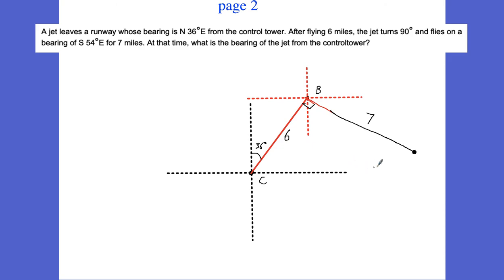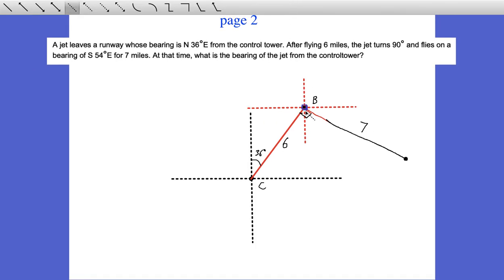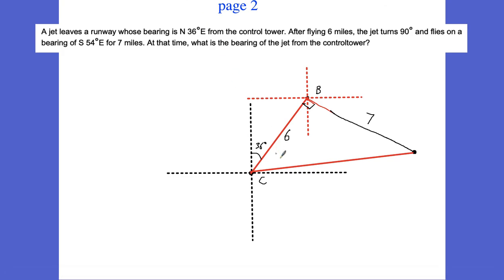And we want to know, at that time, what is the bearing of the jet from the control tower? Okay, so notice what we have so far. We have a few different pieces of information. So we want the bearing of the jet from the control tower. So basically we're trying to find information about these angles here. And we have enough information to find this angle theta right here. Because here's the control tower, here's the jet now.